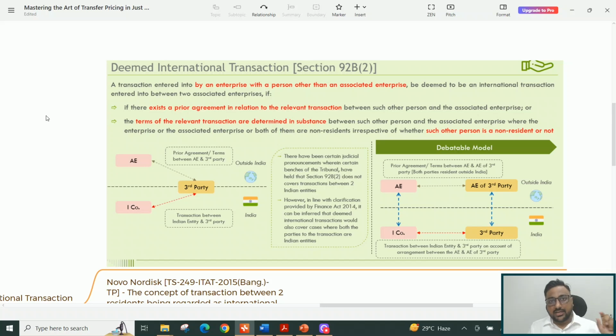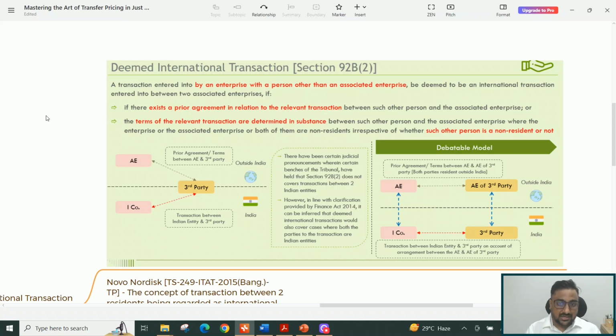Now you saw that under 92B1 there was a transaction between two associated enterprises, whether both or either of them were outside India didn't matter much, but yes, there was an international transaction between two associated enterprises, right. 92B2 says that the two enterprises can also be said to be associated enterprises, and the transaction between them can be classified as an international transaction when there exists a prior agreement in relation to a relevant transaction between such other person and the associated enterprise, or the terms of the relevant transaction are determined in substance between the other parties, that is two third parties, whether or not they are both resident.